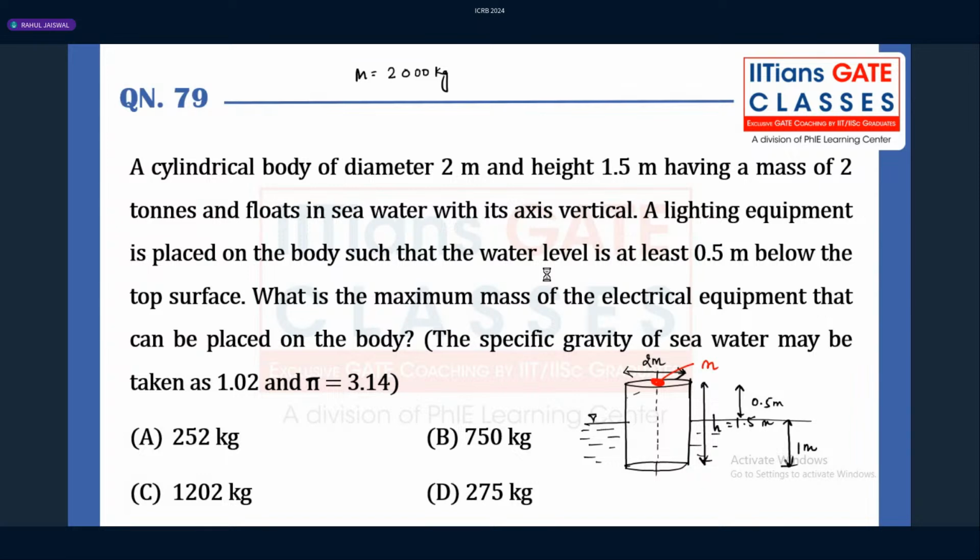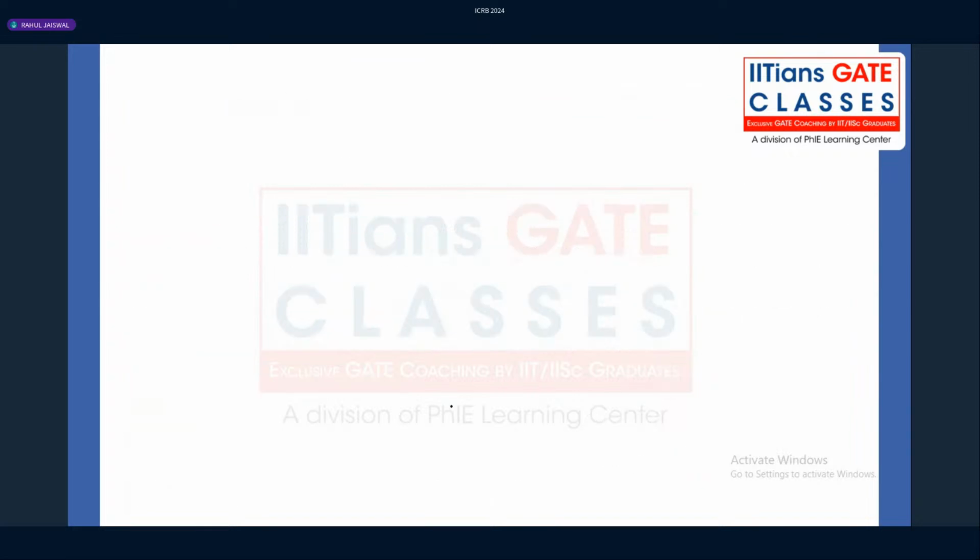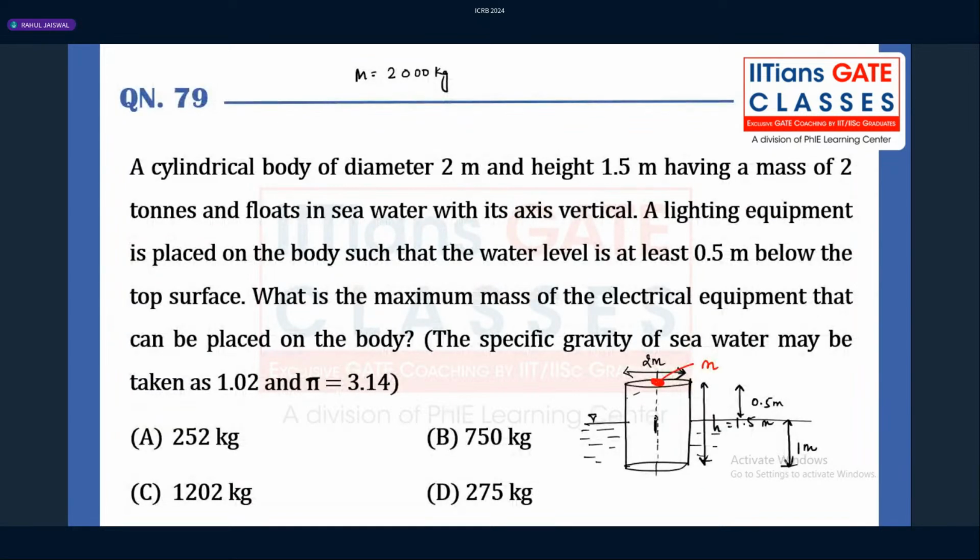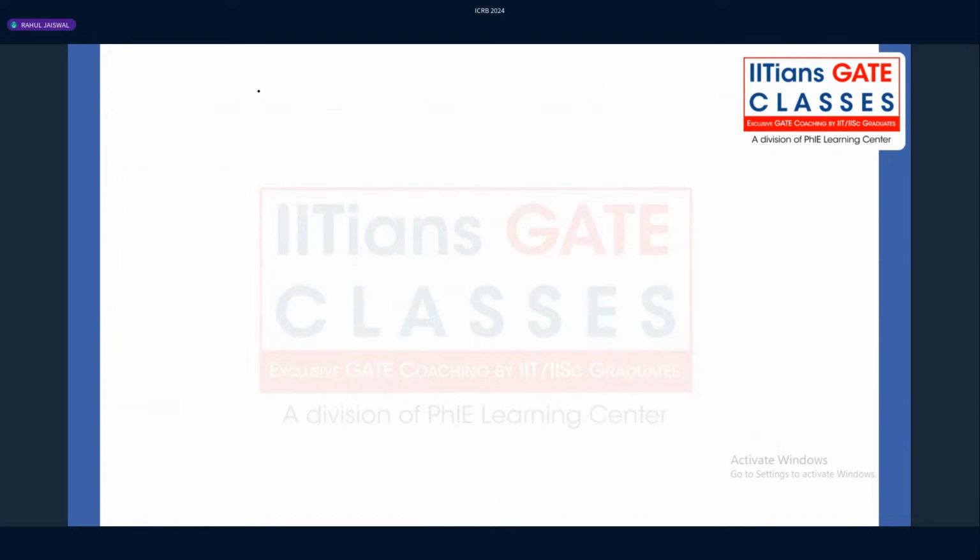So what can we get, guys? It's a very easy question. Whatever the weight of the total object is, that will be balanced by the buoyancy force.